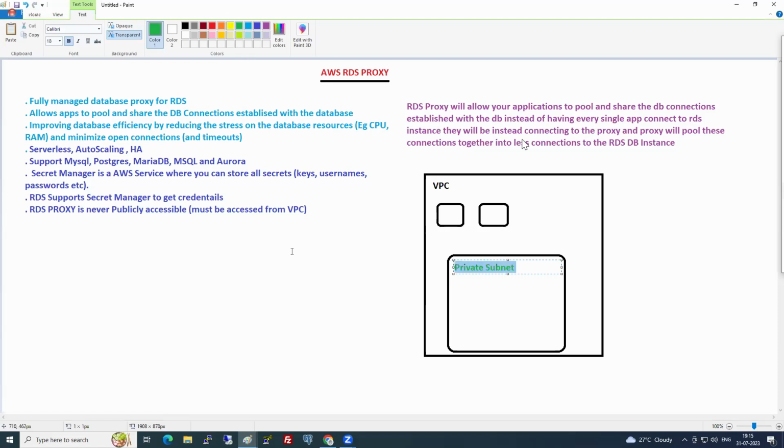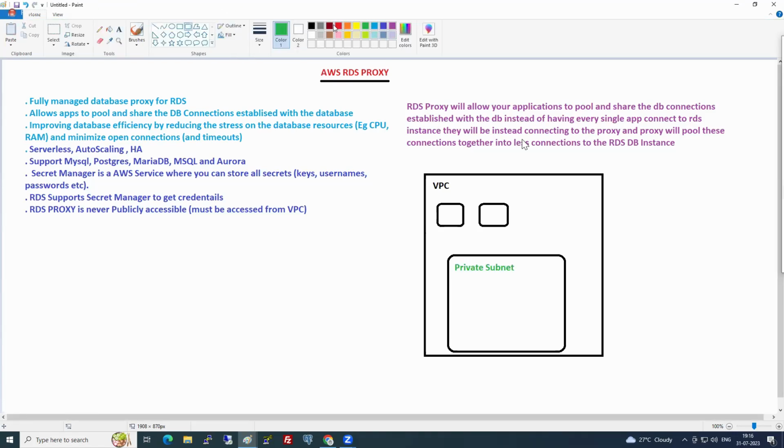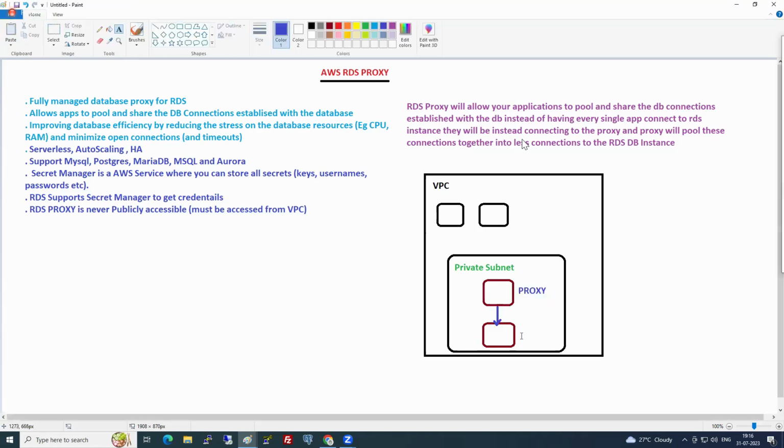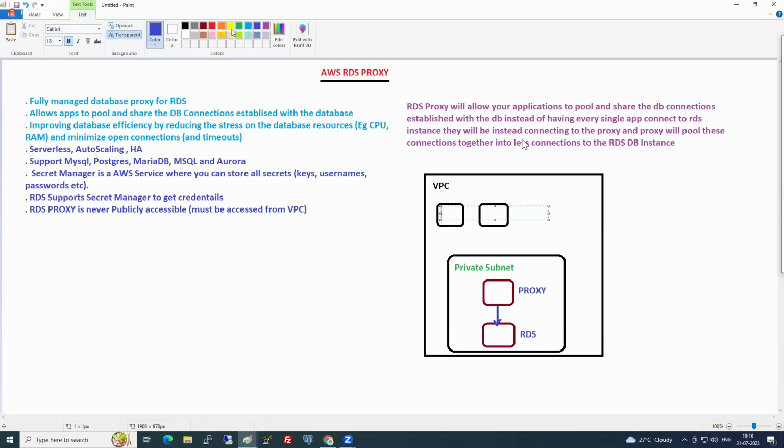In the private subnet, the first one is the proxy, and the second is your RDS DB instance. This can be your EC2 instance, and it can be your lambdas also.